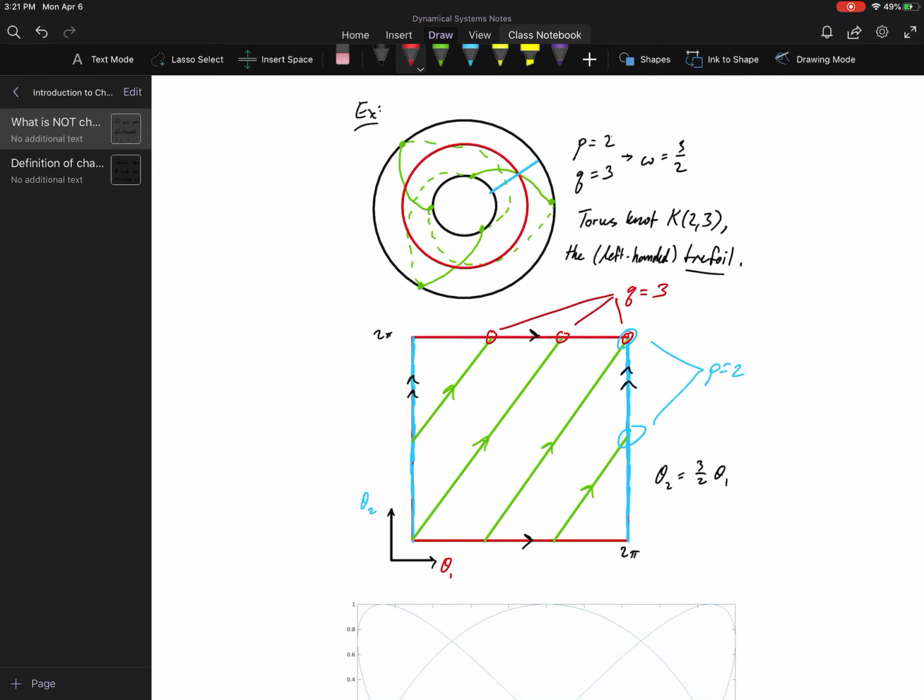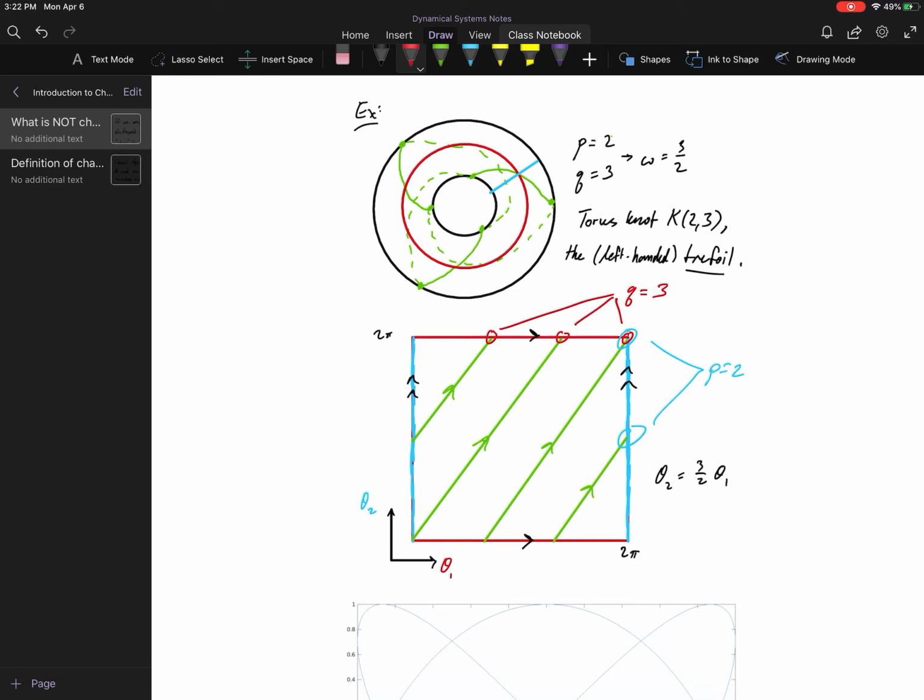This is a bit of a misnomer since we're working in R4, but it's still a good place to show that on this two-dimensional subspace I have a trajectory that appears knotted with respect to a three-dimensional observer.